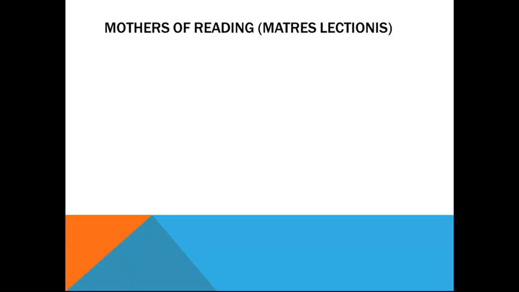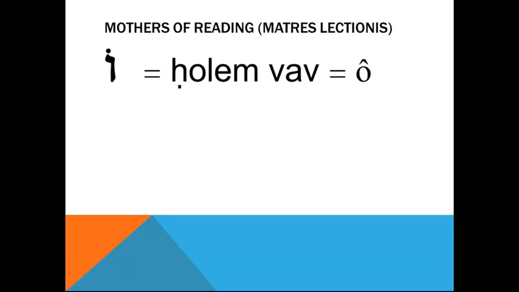And so we call three consonants mothers of reading, matres lectionis. We call them these helps, helpers, to say, hey, there is a long vowel here. And let me, hold on, if you don't understand, wait till I've gone through them and then we'll revisit it. So first there's the holum vav.